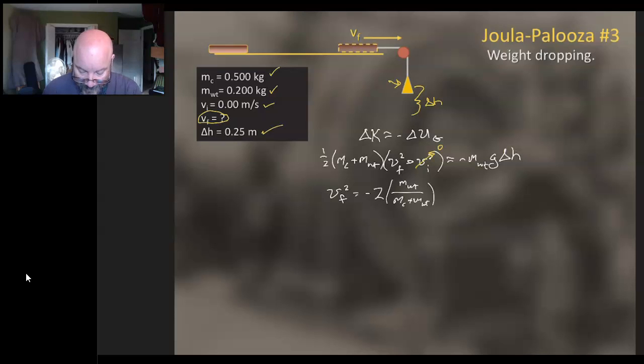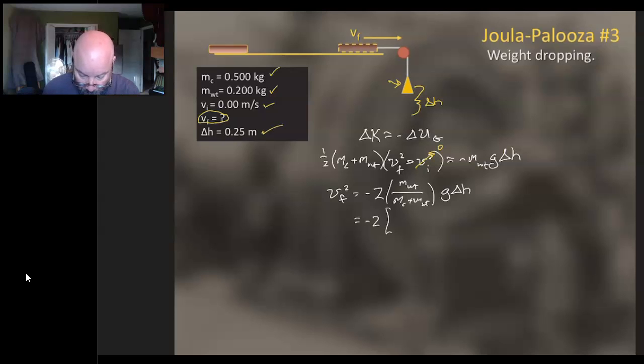And again, that's a nice way to group things together because then all my kilograms cancel out. And I need my g and my delta H, just like this.